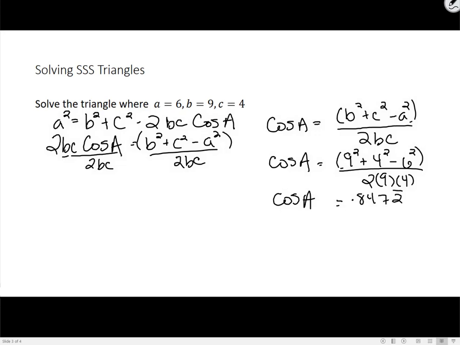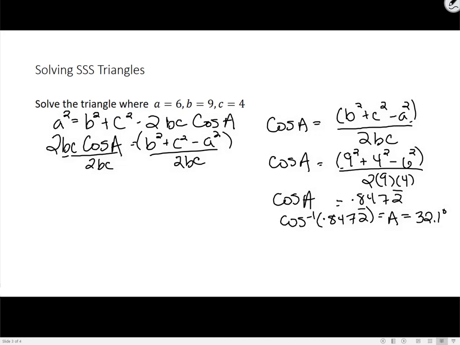Just like with the last video, I'm going to use an inverse cosine function of that decimal, 0.8472 repeating, to get my angle A. It's going to give me angle A in degrees. And when I do that, I get that angle A is approximately 32.1 degrees.